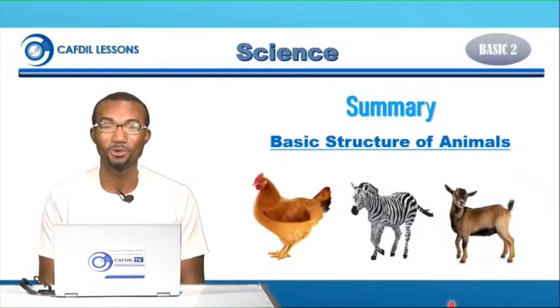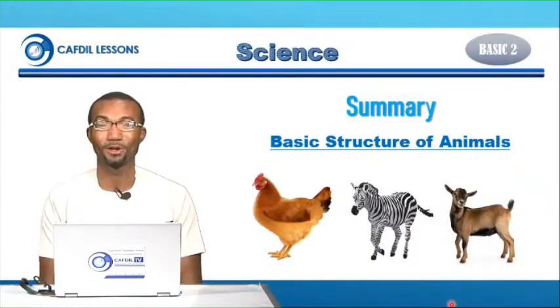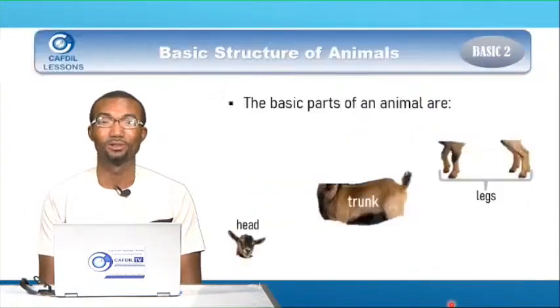Okay, we are almost at the end of this lesson. In this lesson, we looked at the basic structure of animals. The head, the trunk, and then the limbs, also called legs. So let's arrange all the parts we see, the head, the trunk, and then the legs, to get the full animal.